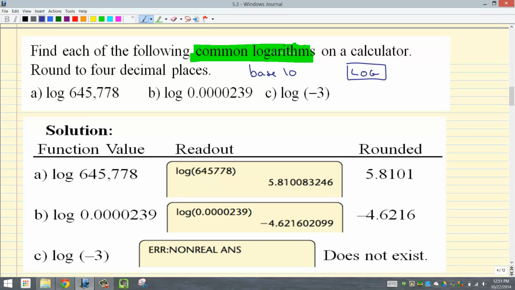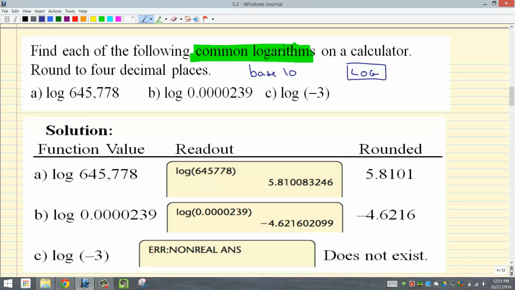It's not base 8, it's not base 2, it's base 10. So if you punch this in your calculator, and depending on your calculator, some of your calculators, you push the log button first, and then you punch in the number. In other calculators, you put the number in first, and then push the log button. Either way, you got to know how to use your technology. You plug this in, and you get 5.8.